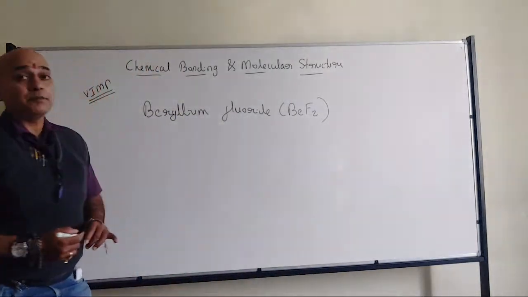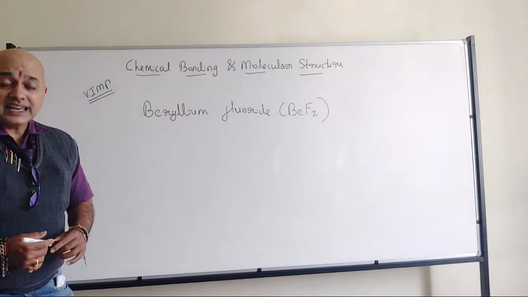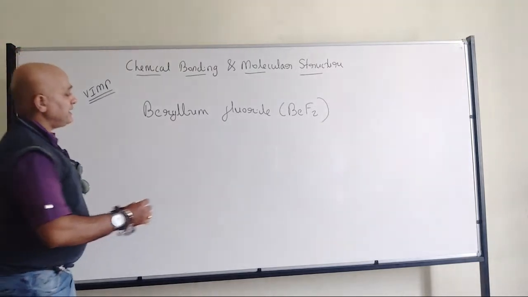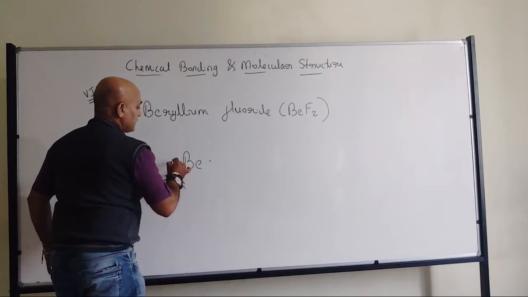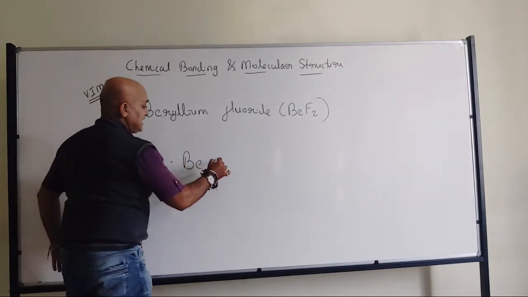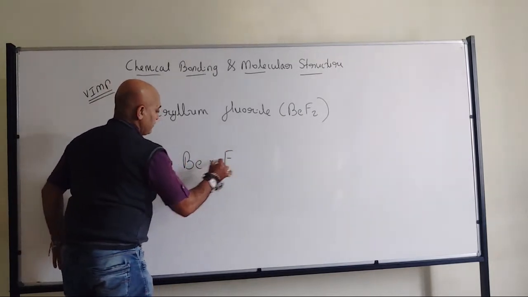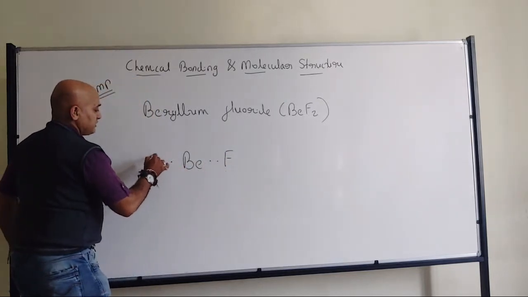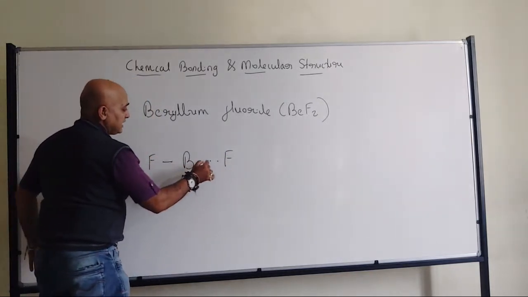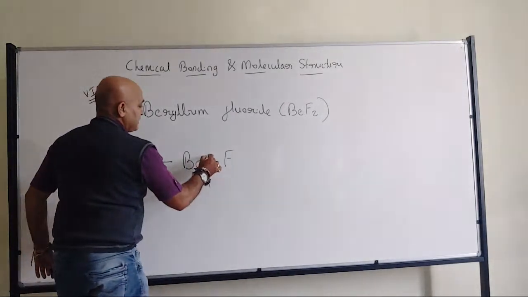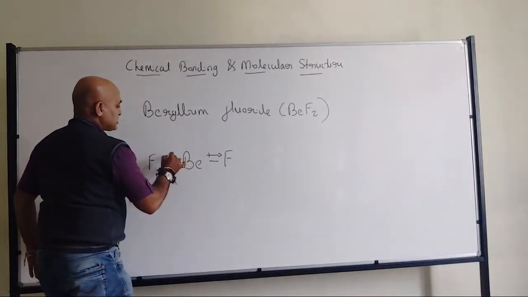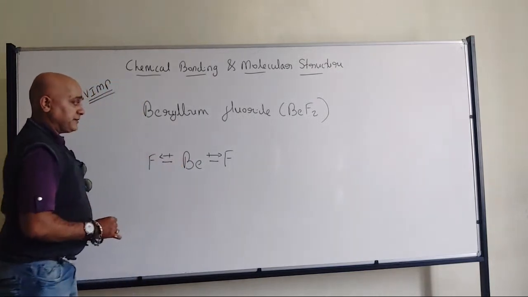Because beryllium, I gave a hint by telling that it is an alkaline earth metal. That means only 2 valence electrons for the beryllium. So each will be shared by fluorine. Okay? So therefore, there will be dipole moment in this direction towards the fluorine.